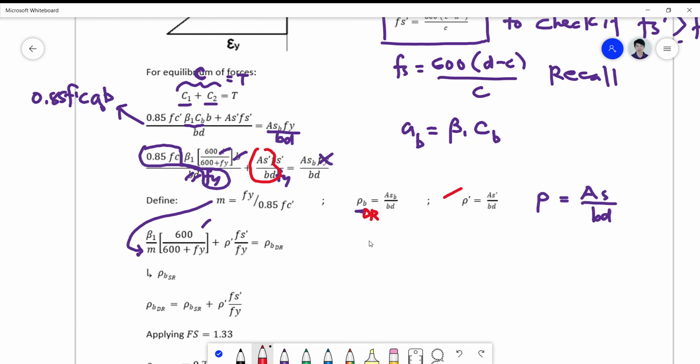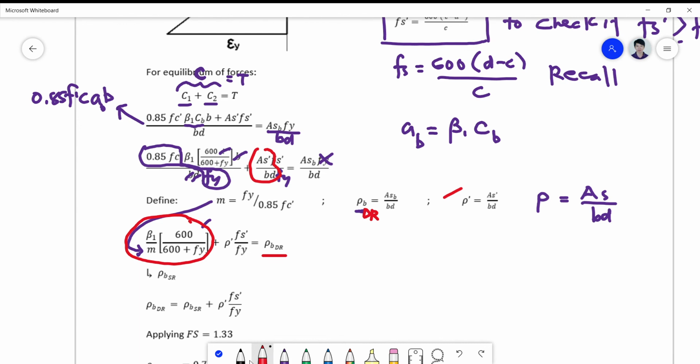Okay, so this is now your formula for the double reinforced beam balance steel reinforcement ratio in terms of a singly reinforced. So remember, this is the derived formula a while ago, plus rho prime Fs prime over Fy.